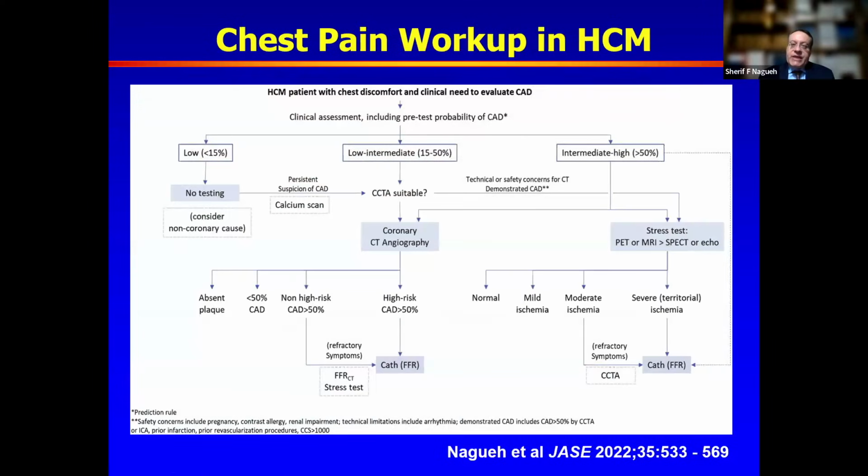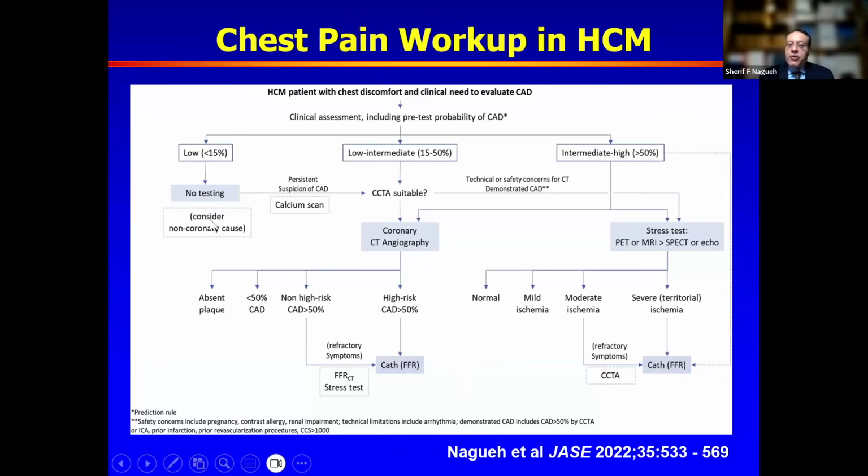If we were to say, let's look at an approach of how to evaluate a patient with hypertrophic cardiomyopathy who presents with chest pain, we can follow the general approach that you see on this slide, which is also recommended for patients without hypertrophic cardiomyopathy. If you see someone with a low likelihood of disease, low likelihood is less than 15%, you can simply say no need for testing.